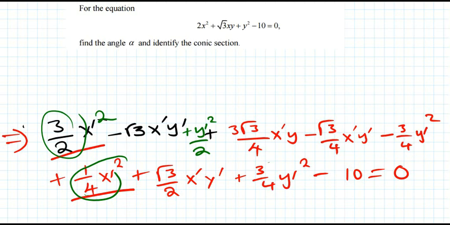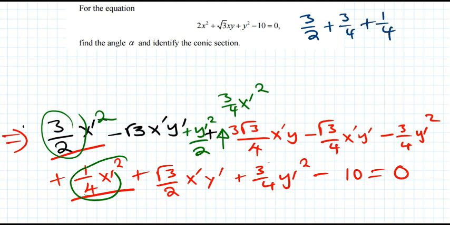Now I made an omission somewhere there. On my paper there is this value that I omitted here. After half y prime squared, there is 3 over 4 x prime squared. Sorry for that. So what we are going to end up adding is 3 over 2 plus 3 over 4 plus 1 over 4. Those are the ones that we are adding together.